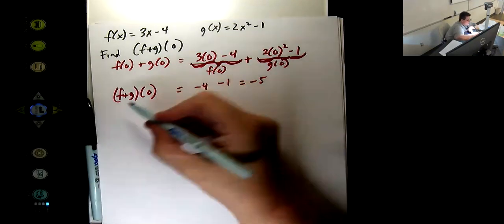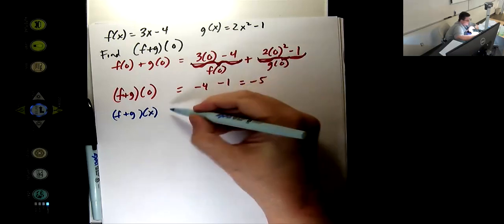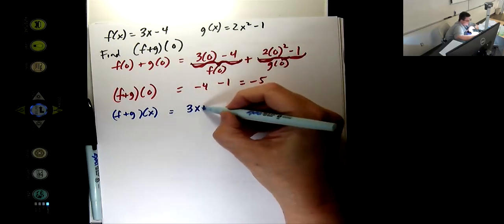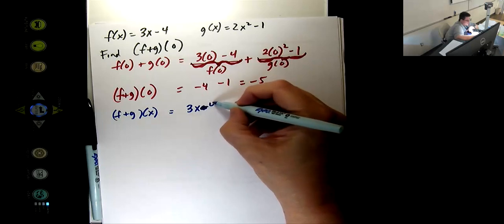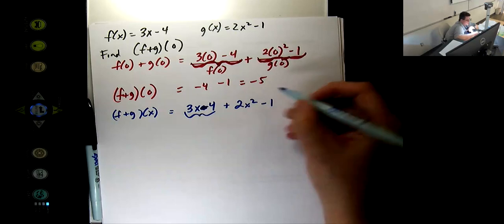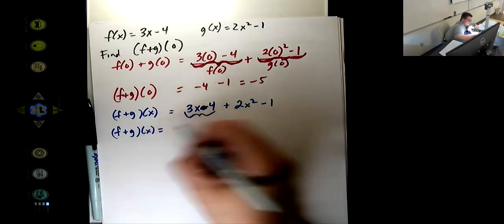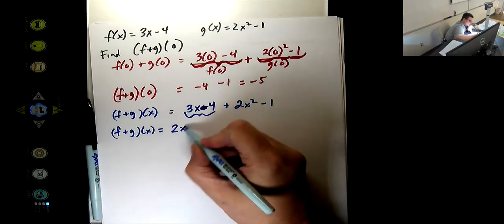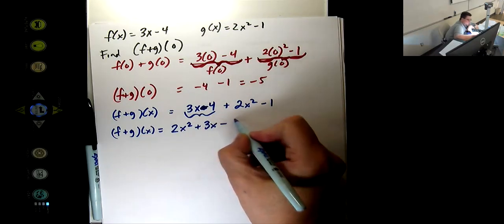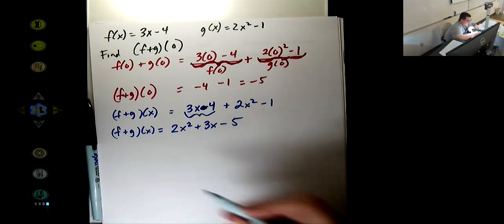Option B is to do f plus g of x first by adding those together. 3x minus 4 plus 2x squared minus 1. f plus g of x is 2x squared plus 3x minus 5. Now evaluate at 0.